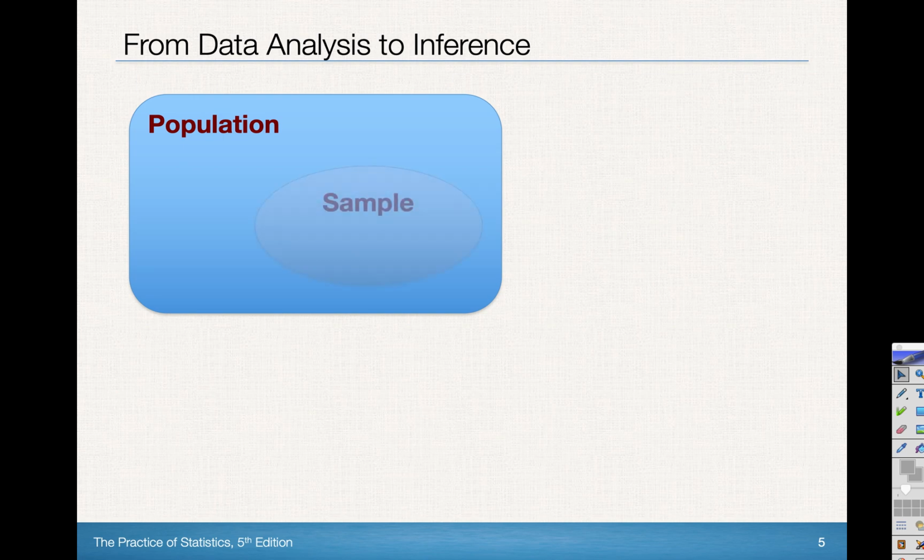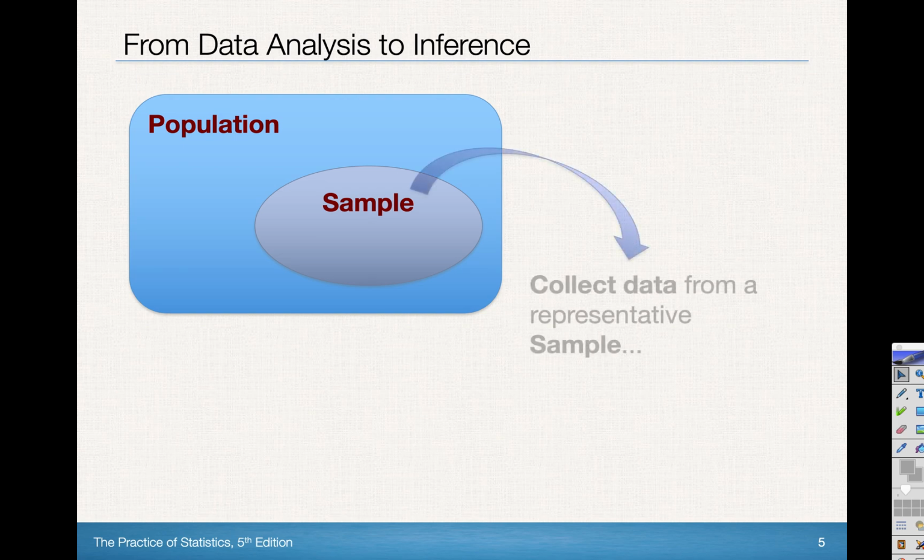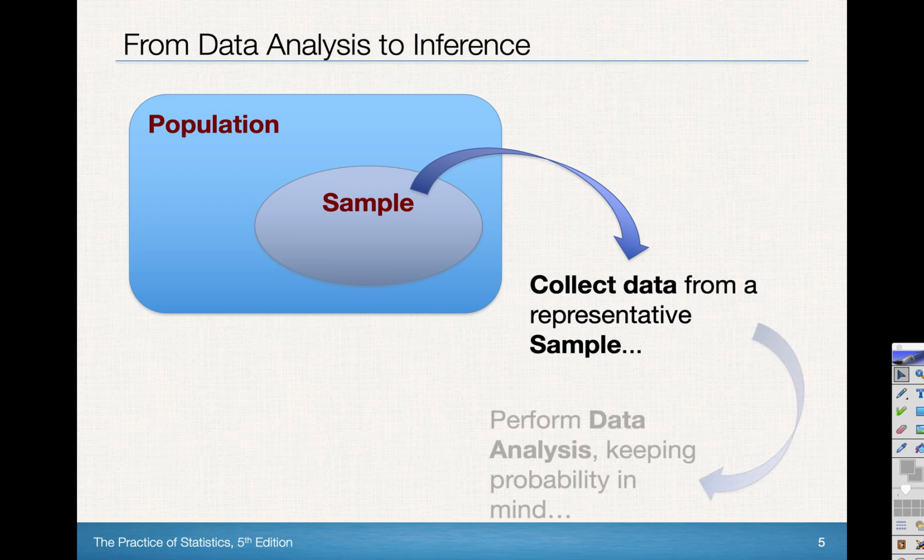So what we do is we take a sample from the population, okay? And we collect data from that sample. Because we can collect data from 300 people, that is a lot easier than doing 300 million people. If we collect data respectfully and collect data correctly, we can then perform data analysis, which we'll talk about.